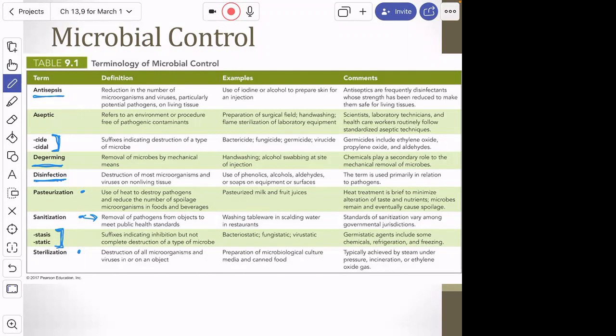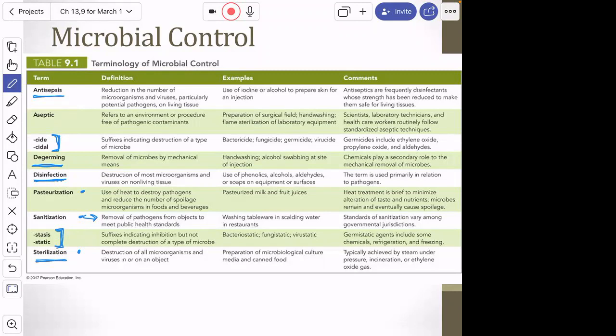So what's the difference between a disinfection and a sanitation? They're pretty similar terms, but usually when we use the word sanitation, we're referring to a hospital setting or maybe a food service setting where you have to meet certain standards because lots of people will be affected by it. And if something's a sterilization, it kills everything, even endospores.